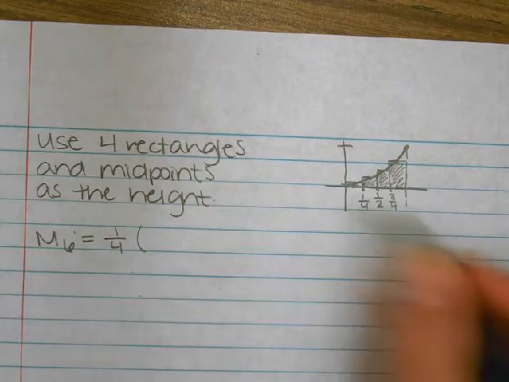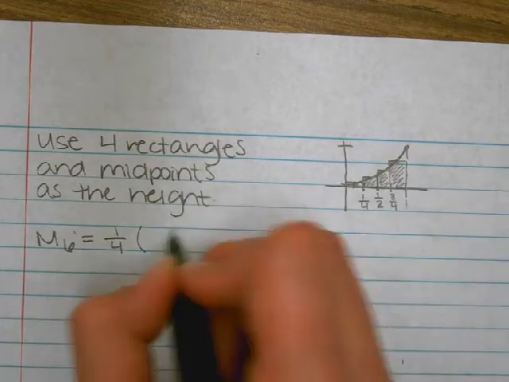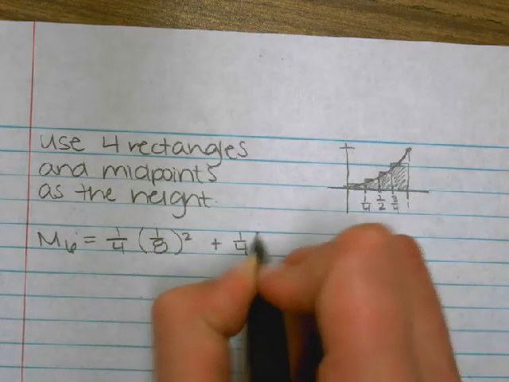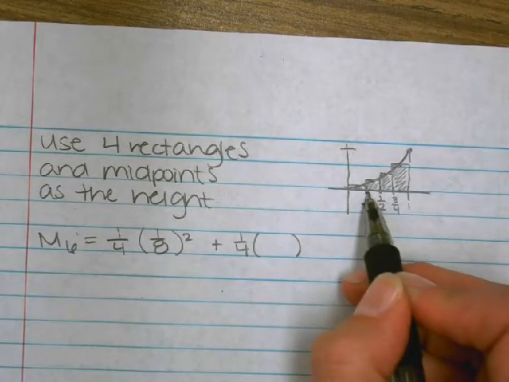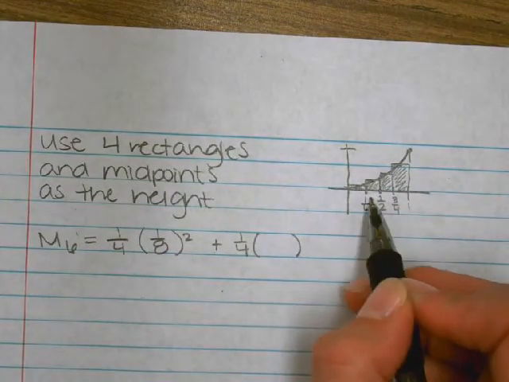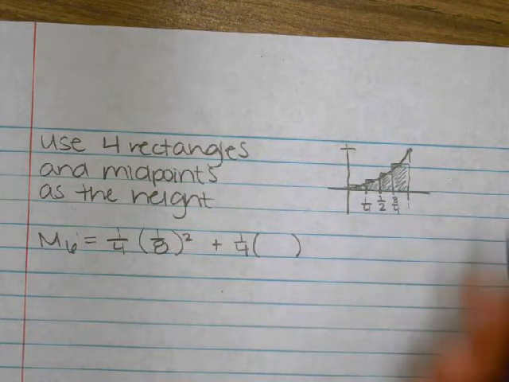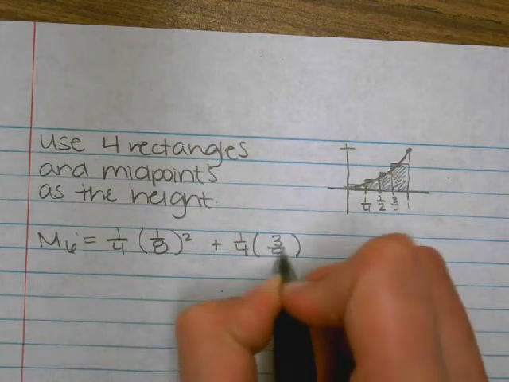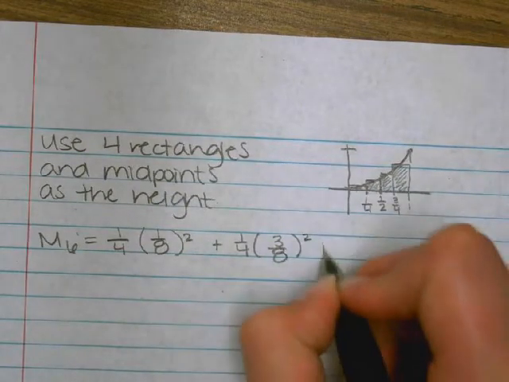So for the first one, the middle of 0 and 1/4 is 1/8. For the second rectangle, the width is still 1/4. The height is going to be the middle of 1/4 and 1/2. Gosh, which is 3/8. That hurt my brain.